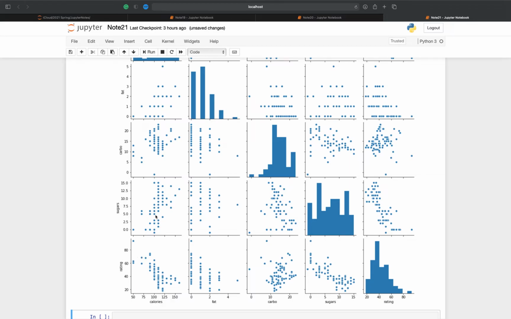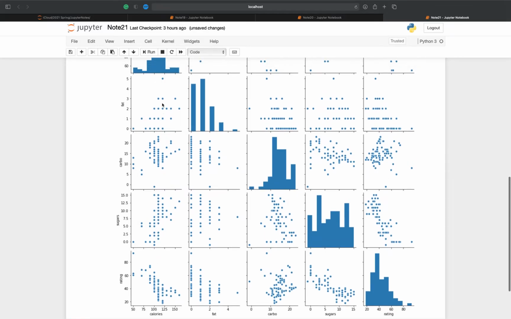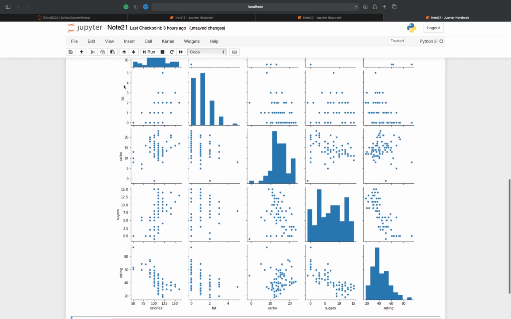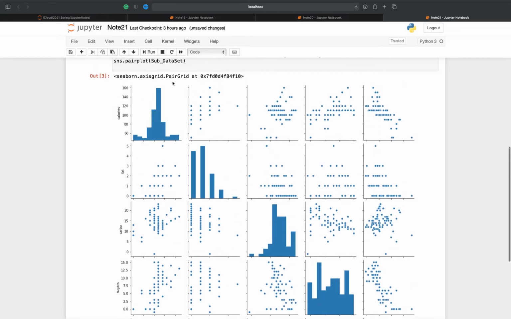And then this scatter plot says x-axis contains calorie, and then y-axis shows sugar. Again, x-axis shows calorie. So as long as I am in the first column, all the x-axes in the first column show the calorie, and the y-axis shows, for example, fat. And this one will be calorie versus calorie, which shows a kind of histogram of calorie.